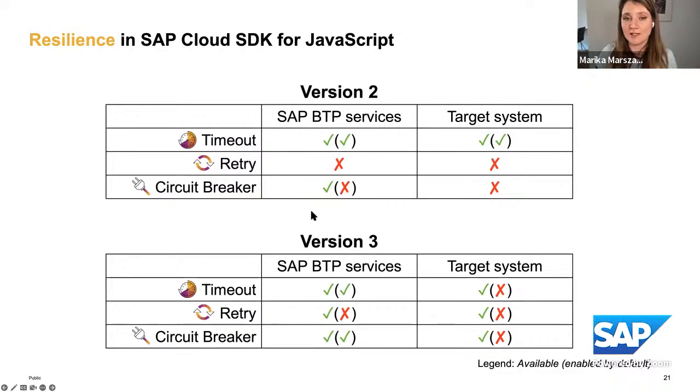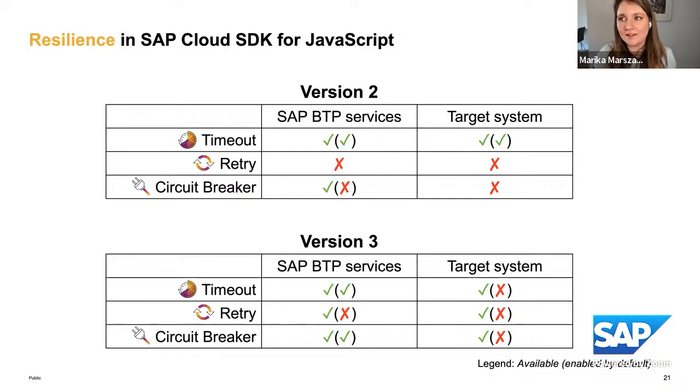They were available, but not enabled by default. Now they're enabled by default, and you can also not turn them off. But for target systems, they are available, but not enabled by default. So all those things, as you saw, you have to do on your own. You need to know what you're doing and decide explicitly to do that.